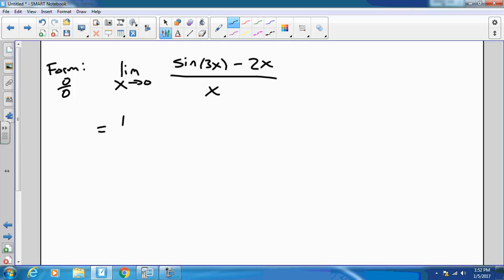And therefore, I can say that the limit as x goes to 0 of f over g is the same as the limit as x goes to 0 of f prime over g prime. Don't forget the derivative of the inside. And now I can let x go to 0, and I get 3 minus 2 over 1, which is 1, and we're done.